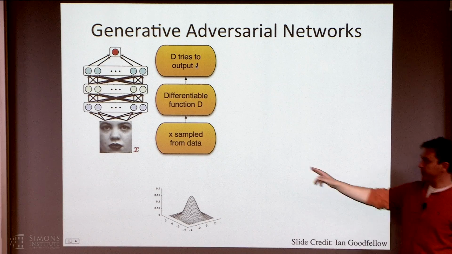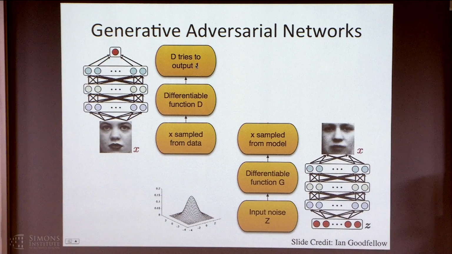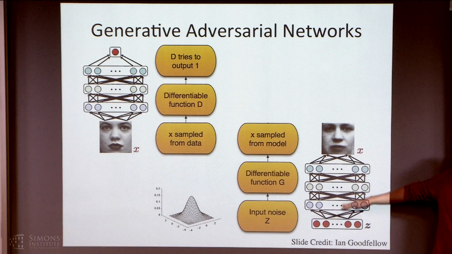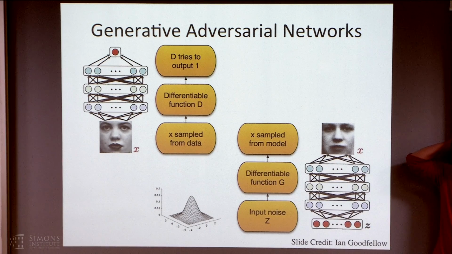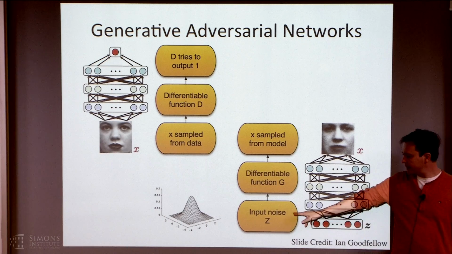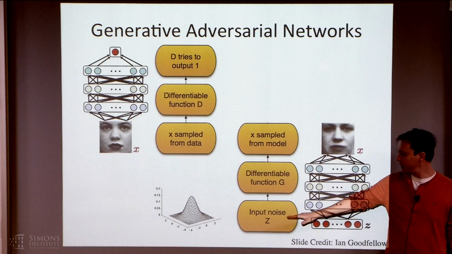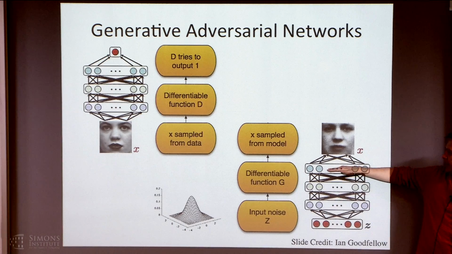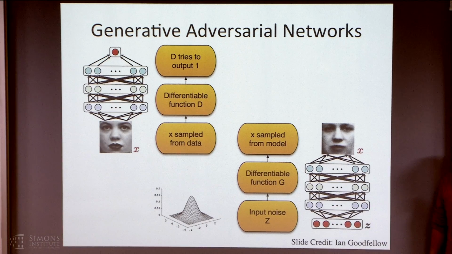It's coming from the data distribution. That's the true sample. On the other hand, you have a generator, and the generator in this case, much like the variational encoders that we've seen so far, Z is typically sampled from some Gaussian distribution, you pass it through nonlinearities, and then you output X. Okay? So that's a sample from the generative model.